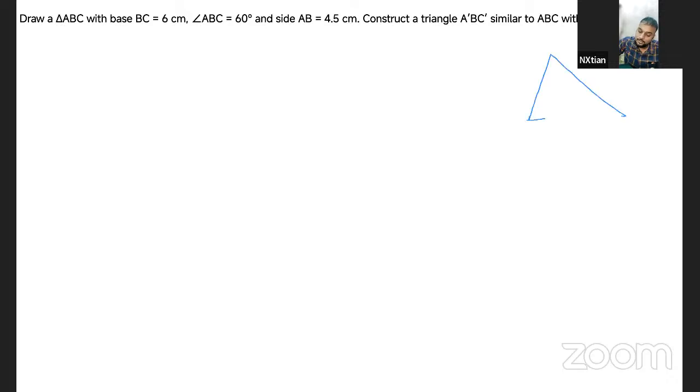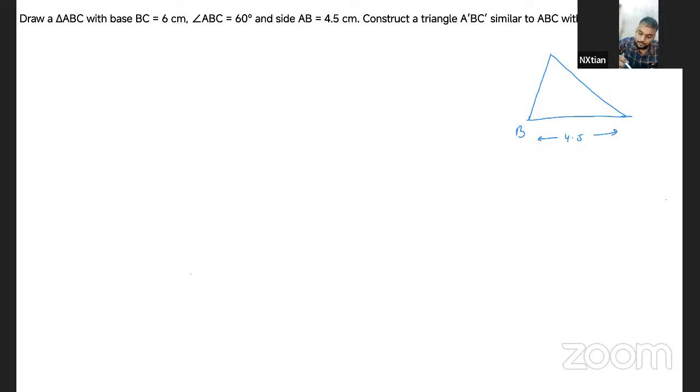In which this is side AB, and this is 4.5. And then this is angle B, this is 60 degrees. So I'll switch the side so that there won't be confusion for you. We'll write this is B. Sorry, I made a mistake.